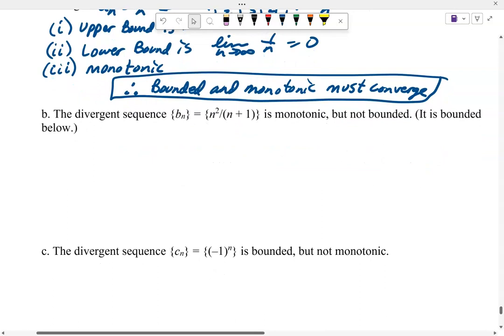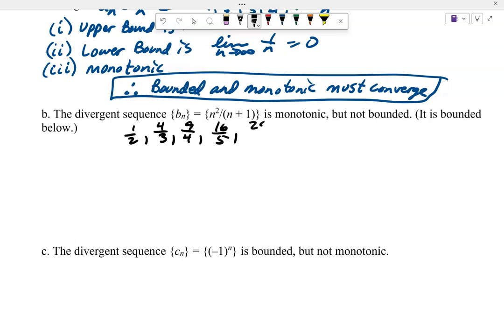b sub n, n squared over n plus 1. If I was listing those, 1 squared over 1 plus 1, 1/2, 4/3, and 4, 9/4, 16/5, 25/6, and so on. And can you see how this is increasing, getting larger, larger, larger? So this is also monotonic, in other words, non-decreasing. And it's increasing, so I do have a lower bound.